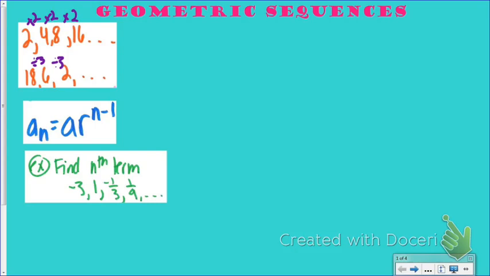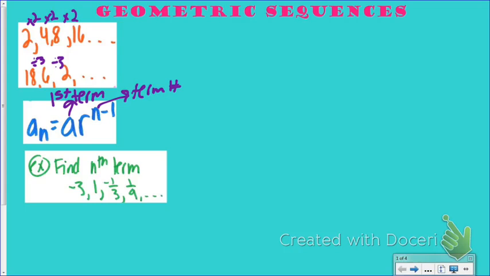Because these are common, we have a formula we can use to help us identify these sequences. What I have, a sub n, which again still stands for my nth term. a is still going to be my first term, just like it was in the previous formula. n is still the number of terms, the term number. And the only one that's new here is r.